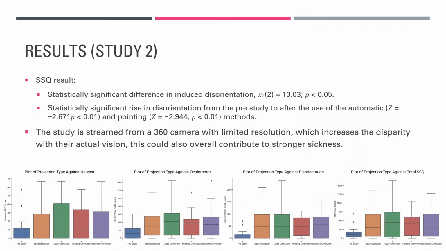We believe that this is due to how OmniView works, during which a spherical to planar projection is shown to the participants at all times, allowing them to actually see all directions projected onto a plane.